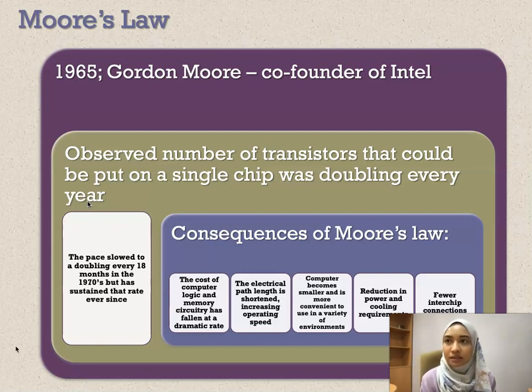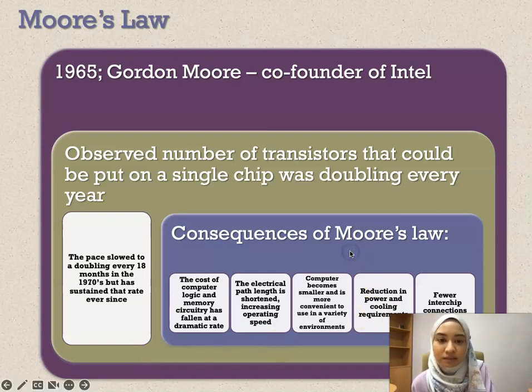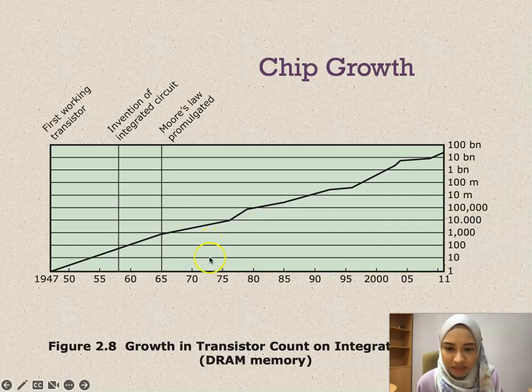And in 1967, it would become 4,000. 1968, it would become 8,000. 1969, it would become 16,000. 1970, it would become 32,000. So let's see if we got that right. 1970, 32,000. Hopefully that's right. If it's not, then it's okay. It's just a law.